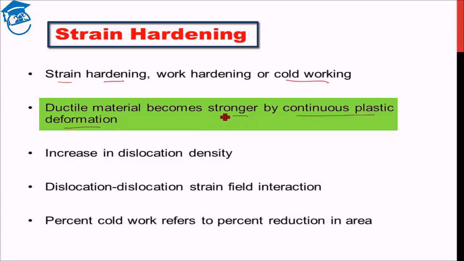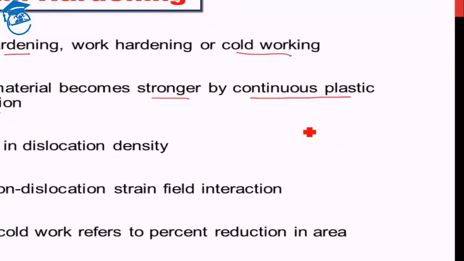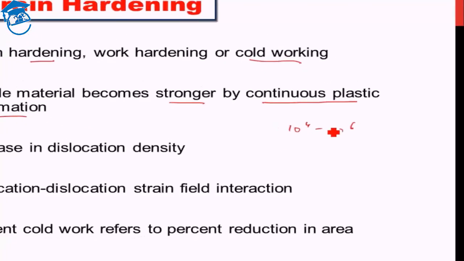Okay, we understand that continuous plastic deformation leads to strengthening, but why should it lead to strengthening? What exactly is happening when you are continuously deforming the material? Before starting to deform a material, the material has a specific number of dislocations, in the order of 10 to power 4 to 10 to power 6 dislocation density range.